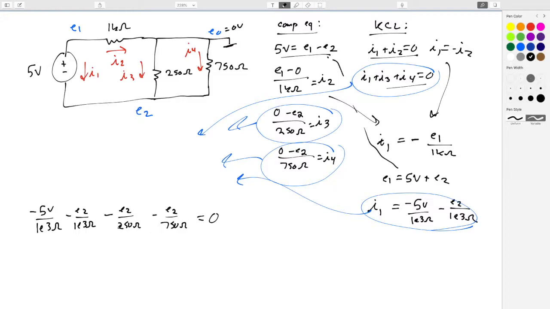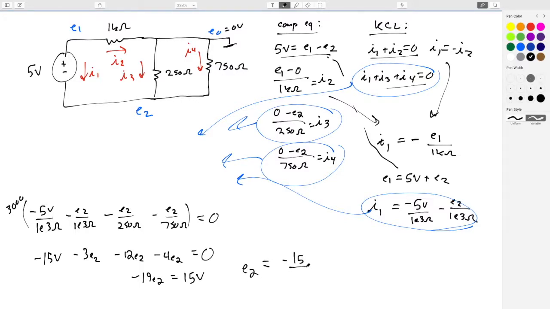I don't like these denominators. I'm going to multiply the whole thing by 3,000 again. That's going to end up with negative 15 volts minus 3E2 minus 12E2 minus 4E2 equals 0. Okay. Lump these together, that's negative 19E2 equals 15 volts. So E2 equals negative 15 over 19 volts.